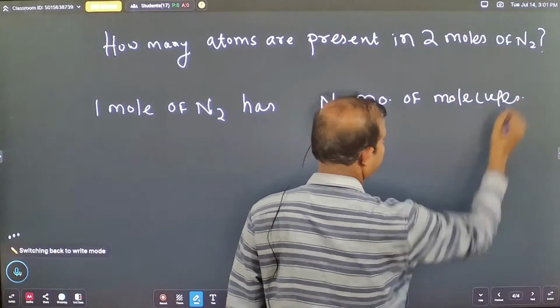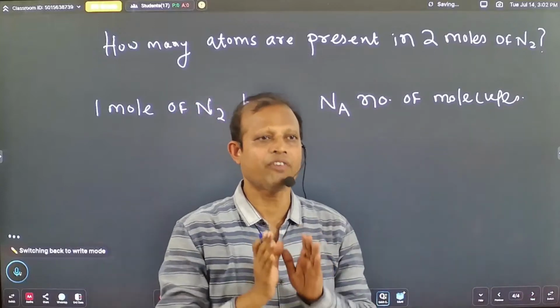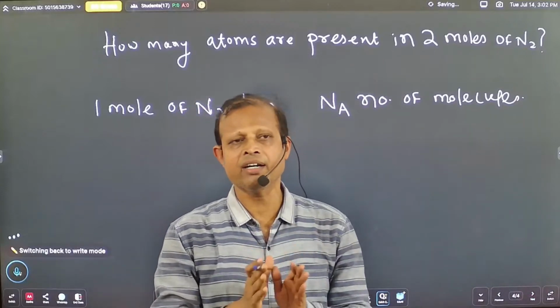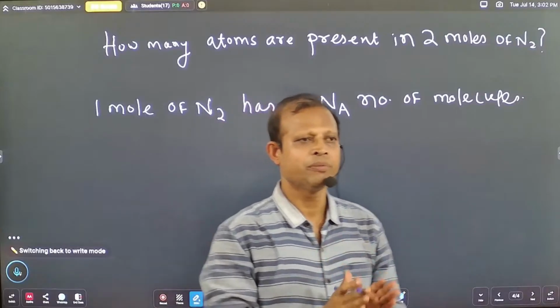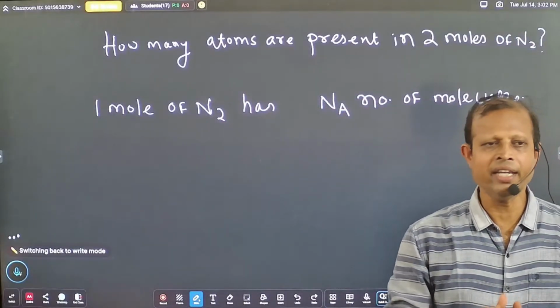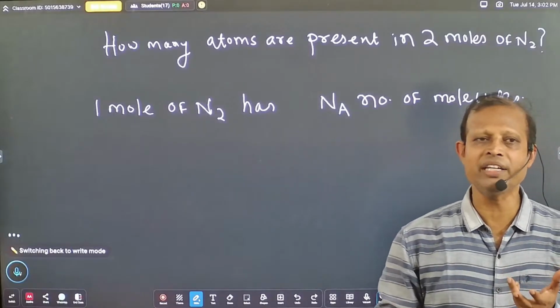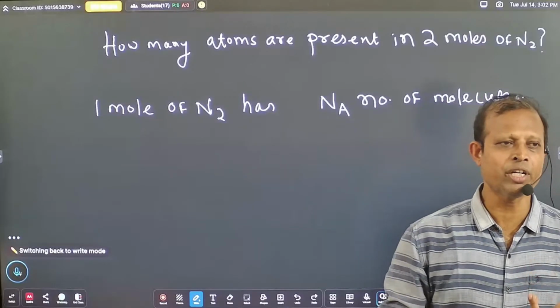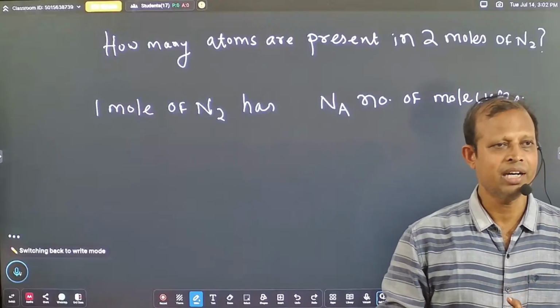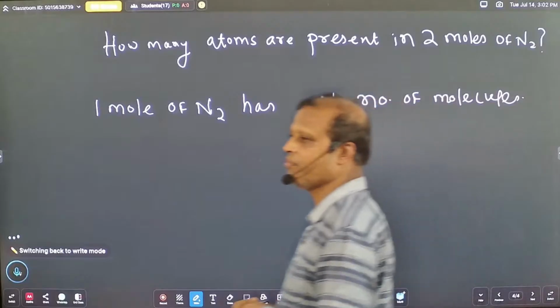Because N2 is in molecular form, right? One mole of N2 has how many molecules? Na equals to how many? 6.022 into 10 to the power 23. As it is in the molecular state, it has Na number of molecules.